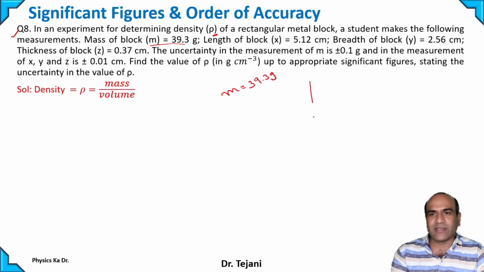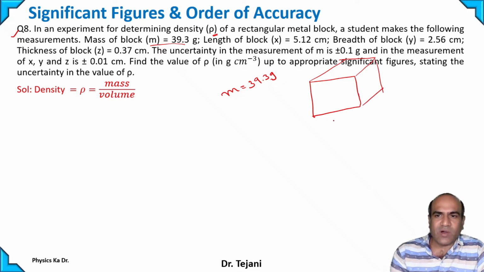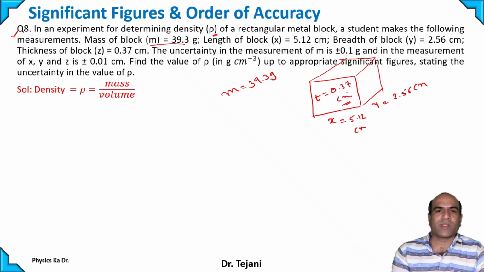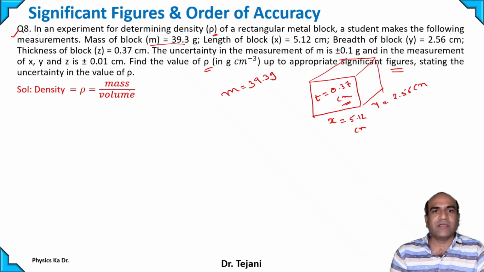The length of the block, x, is 5.12 centimeter. Then breadth y is 2.56 centimeter, and height, I think thickness, z is given as 0.37 centimeter. Find the value of density up to appropriate significant figures, and the uncertainty in the value of density.